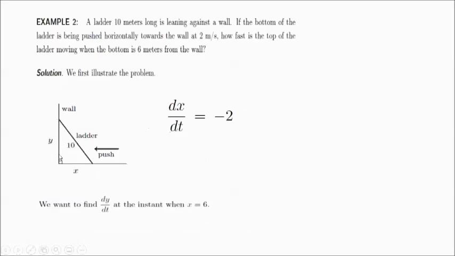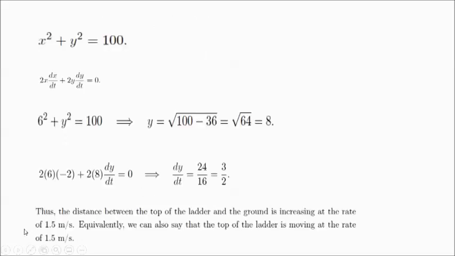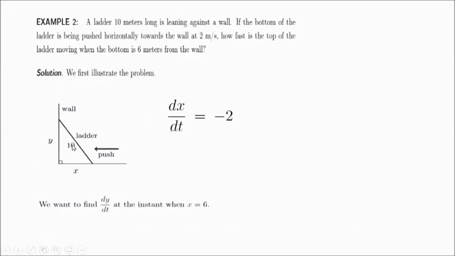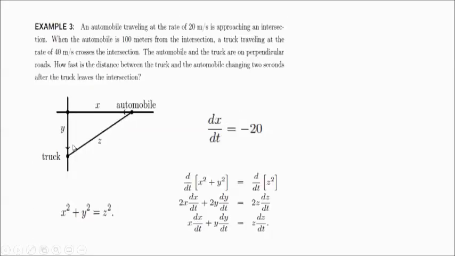So tumatas ito kapag yung instantaneous rate of change niya kapag yung distance x equal to 6, that is 1.5 meters per second. Equivalently, we can also say that the top of the ladder is moving at the rate of 1.5 meters per second. So pareho lang. Okay? So next example.